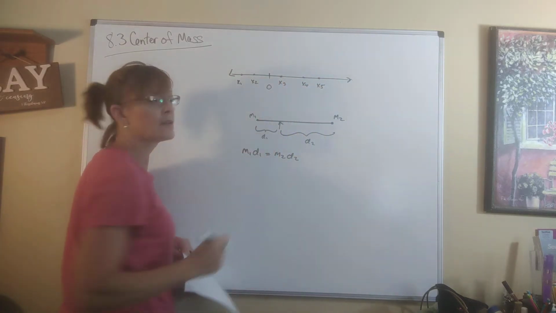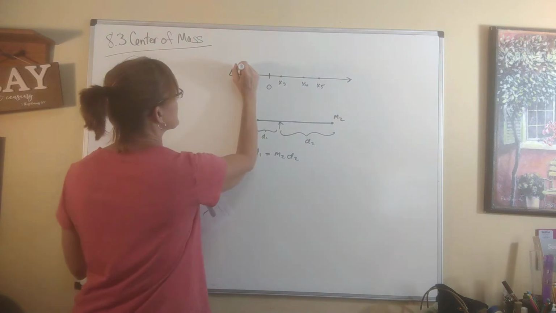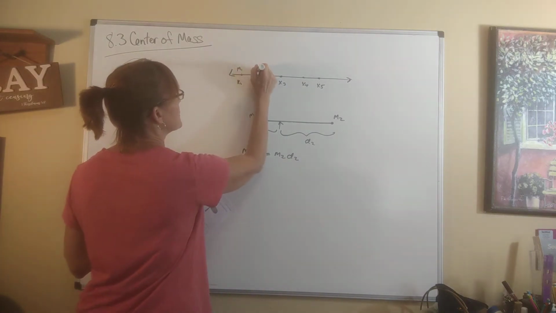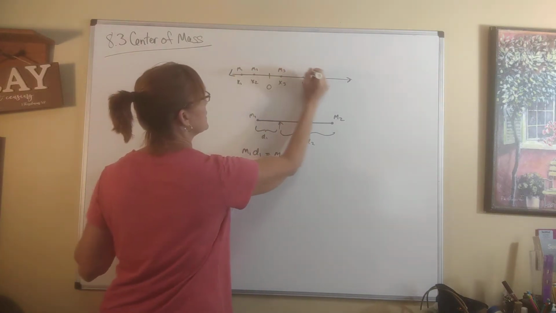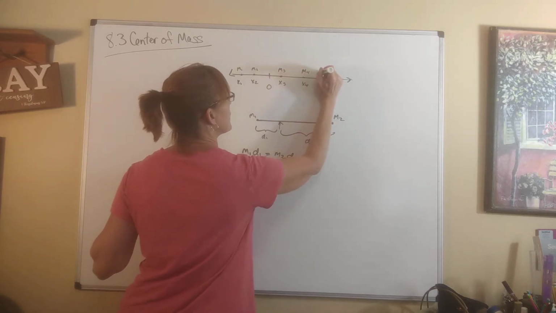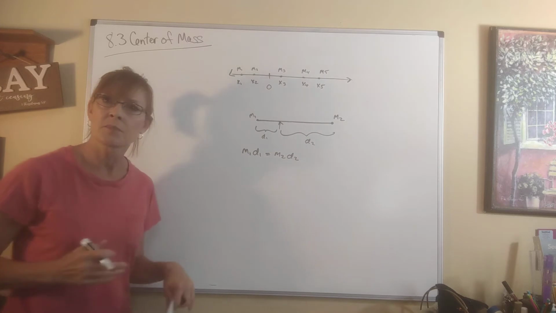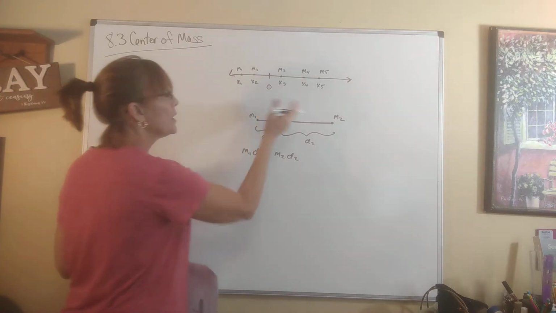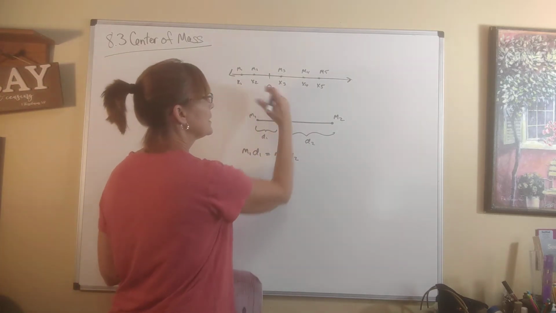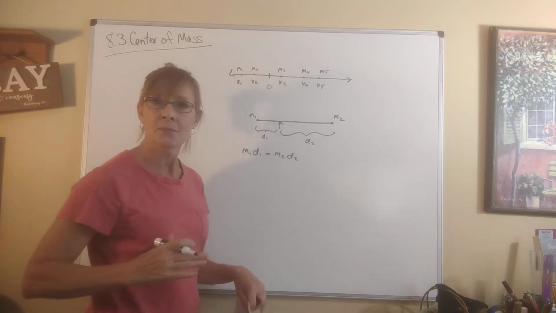Maybe this is where 0 is, and these are different masses, m1, m2, m3, m4, m5. The question is, where would our center of mass be? Where would we need to put the fulcrum, so to speak, to keep our axis balanced?